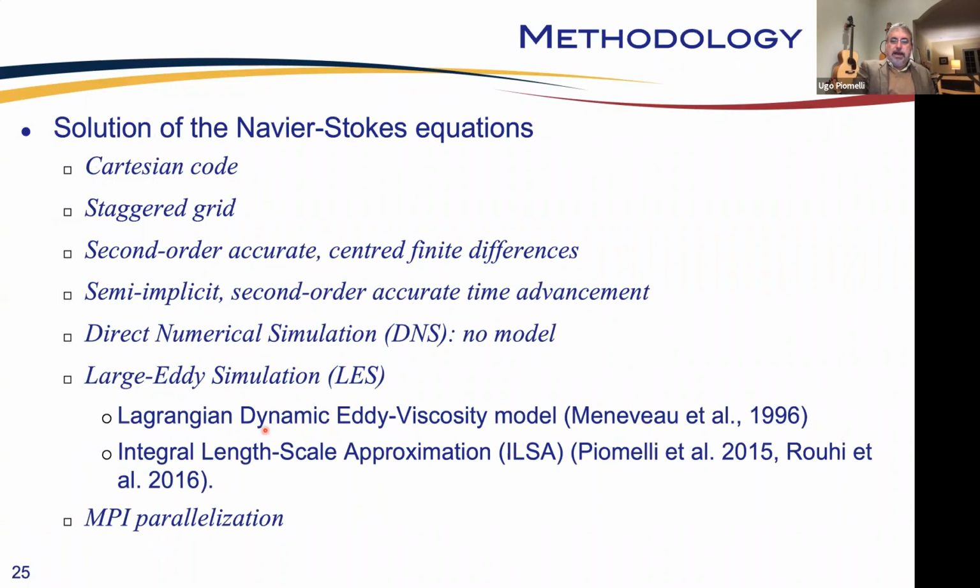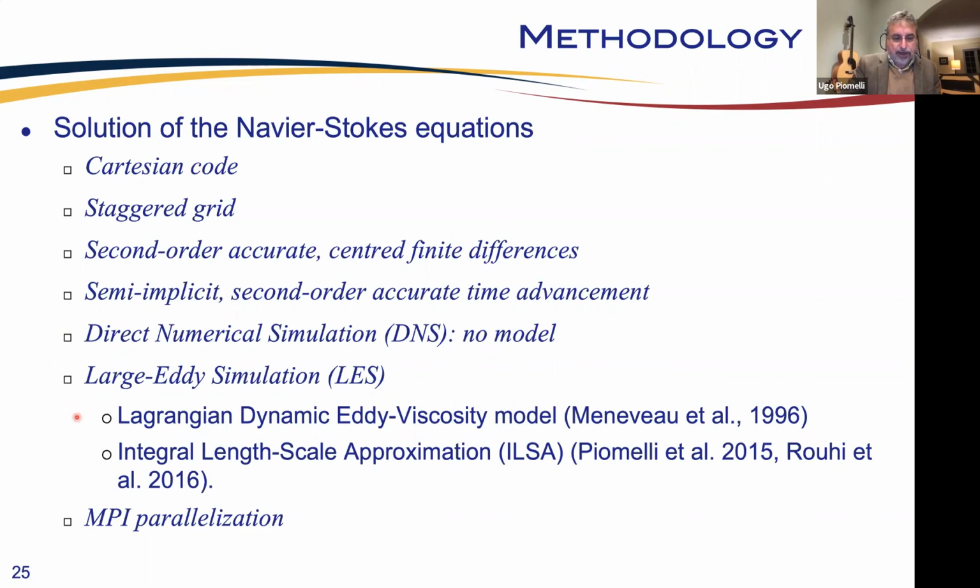The simulations I'm going to show have all been performed using my standard Cartesian code, which solves the Navier-Stokes equation. It's Cartesian, staggered grid, second order accurate with centered finite differences. It's a non-dissipative code. The time advancement is semi-implicit, second order accurate. And we can perform direct simulations or large eddy simulations.